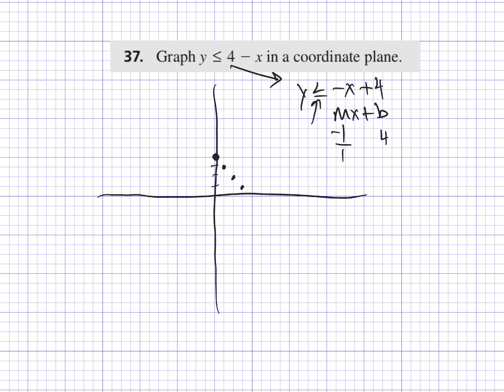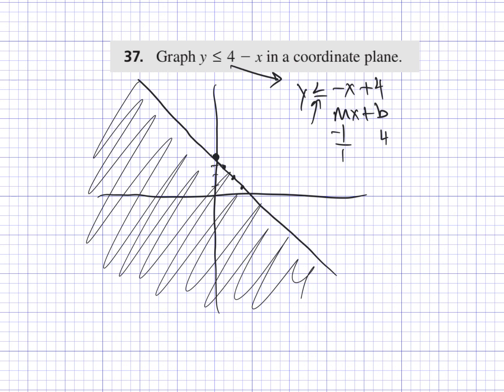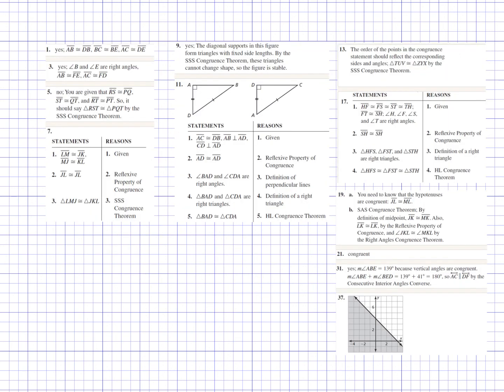Since I have an equal sign, this is going to be a solid line. If there was no equal sign, you'd have to do dotted. And then less than means we shade below the line. And that's how you shade those. And then there's all the answers you can take a look at. And you're done.